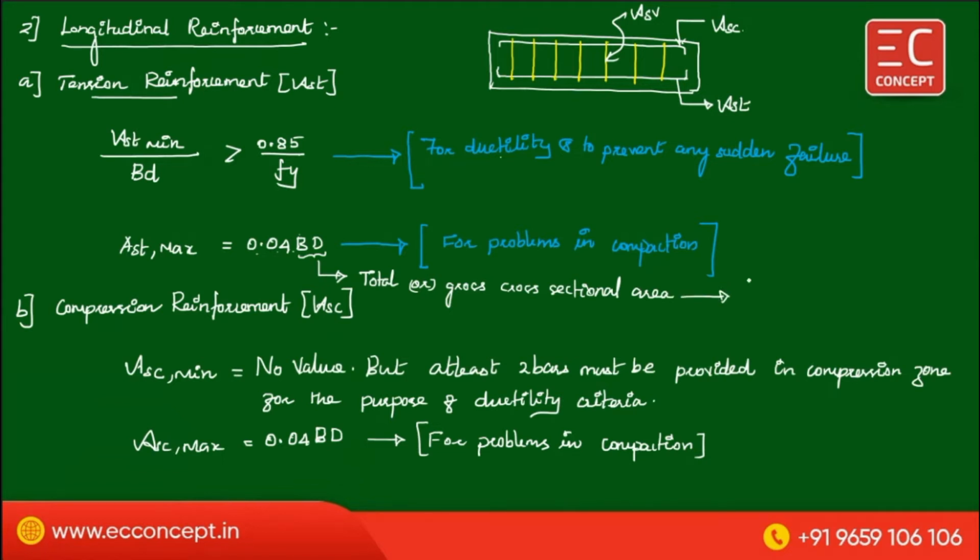Meaning, if you see the section, in that there is a reinforcement. From the top to the center of the reinforcement, we take small d. From top to bottom, we take D. This is b. So this b into D means not b into small d, not b into effective depth. This is b into capital D, that means the overall depth.